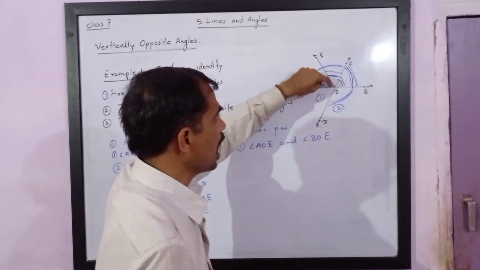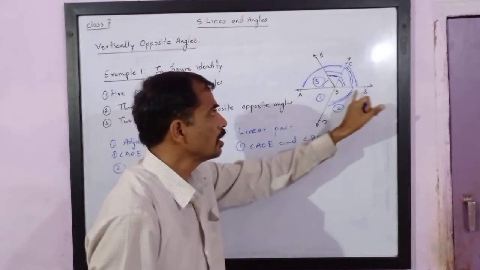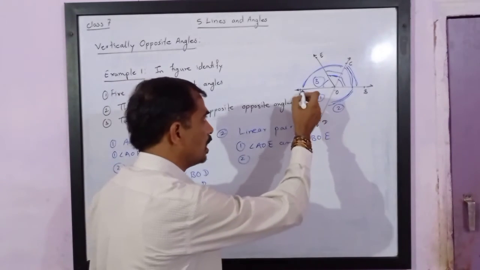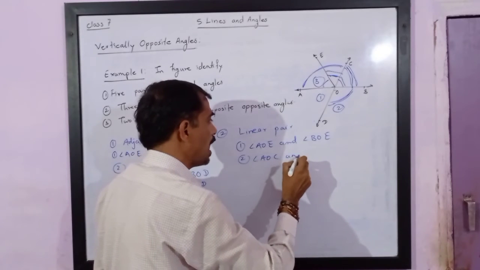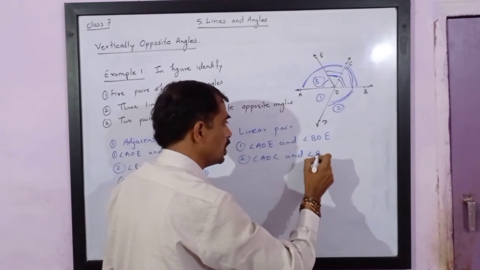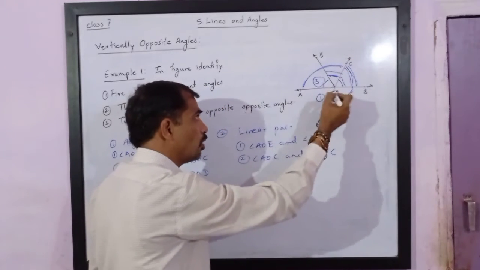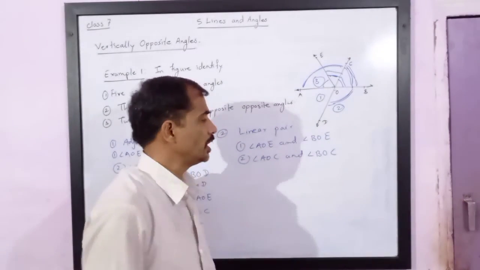They have one common arm and uncommon arms OA and OB are opposite rays. Then you can take angle AOC and angle BOC. In this, OC is the common arm and OA and OB, which are uncommon arms, form opposite rays.